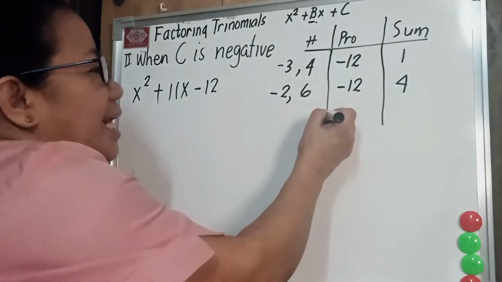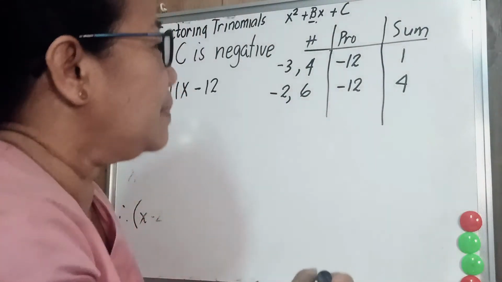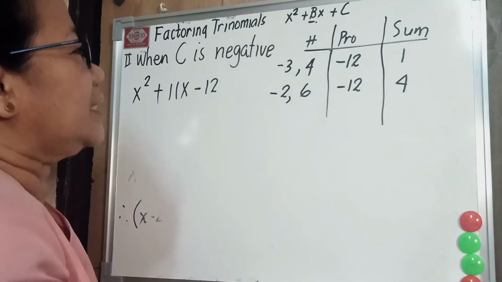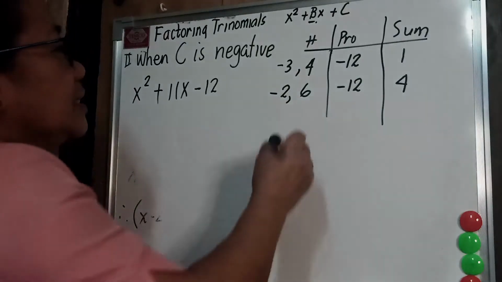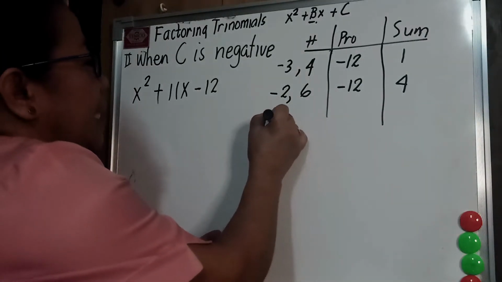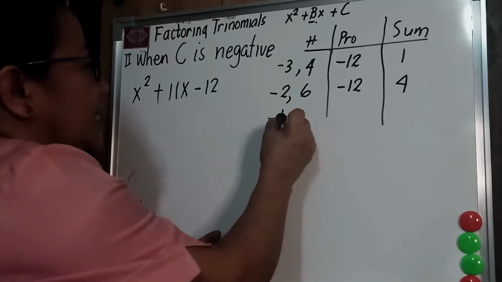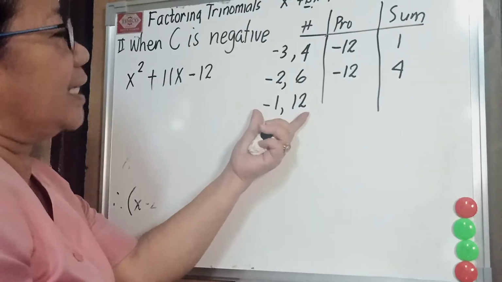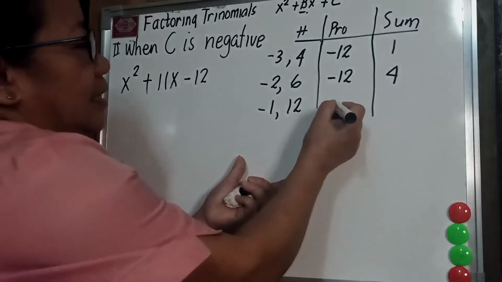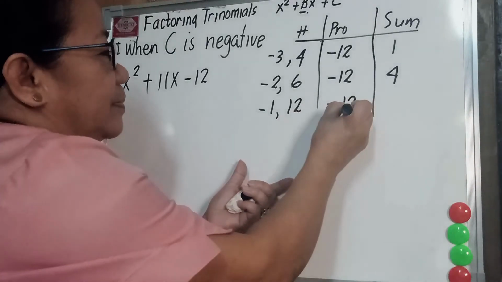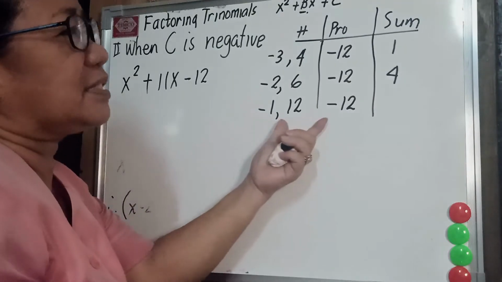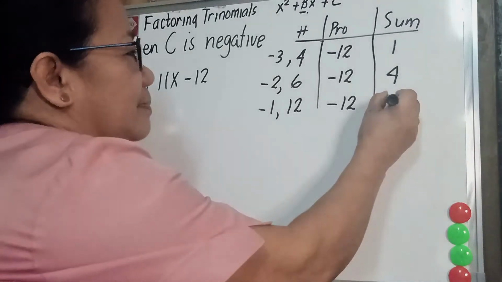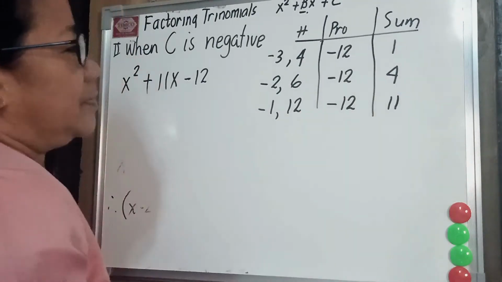Now, do we still have another pair of numbers that when multiplied will give us negative 12? So, let us have negative 1 and positive 12. So, negative 1 times 12 is negative 12. Negative 1 plus 12, the answer is positive 11.